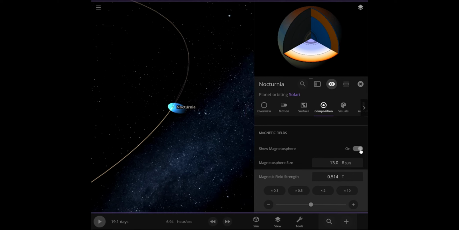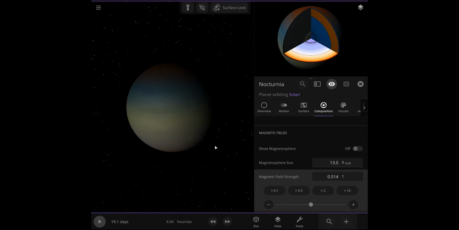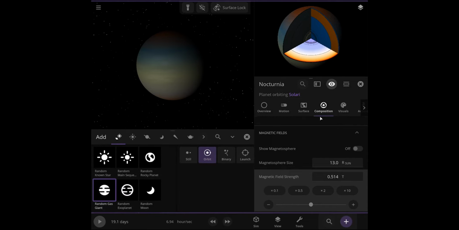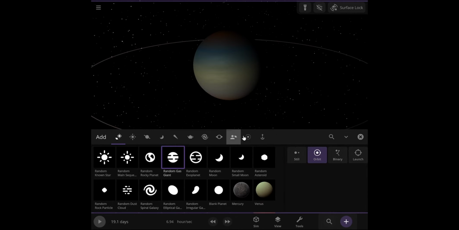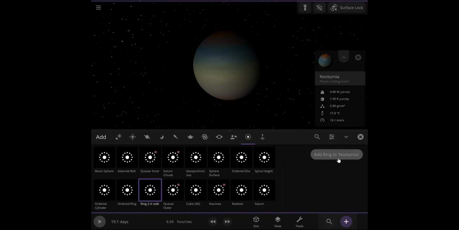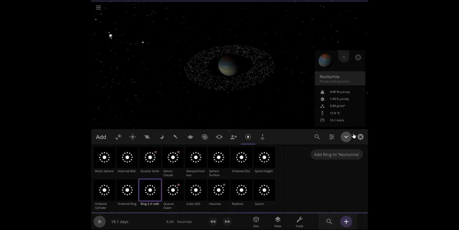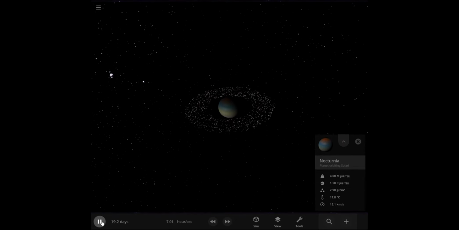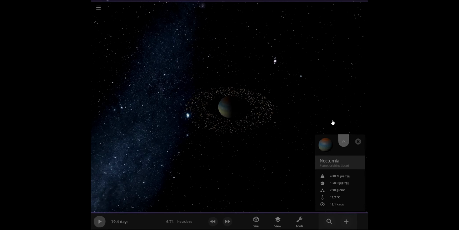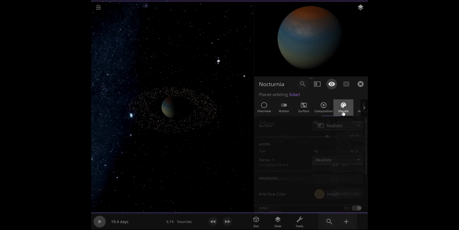Yeah, that's pretty huge. Now, despite everything, Nocturnia does not have any moons, but it does have a big old ring system, which I am going to add. So rings, and add... where's Saturn? Well, I'm going to add this. And then there you go. The ring system is beautiful, and we are going to add some vibrant colored bands around the gas giant.